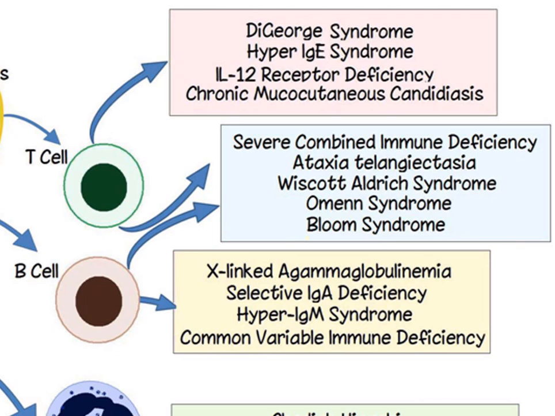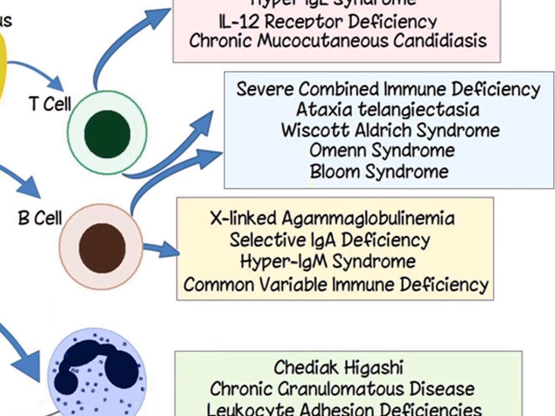Conditions that stem from combined T and B cell defects include severe combined immune deficiency, ataxia telangiectasia, Wiskott-Aldrich, Omenn syndrome, and Bloom syndrome. Conditions that specifically are related to B cell deficiencies are X-linked agammaglobulinemia, selective IgA deficiency, hyper IgM syndrome, and common variable immune deficiency.